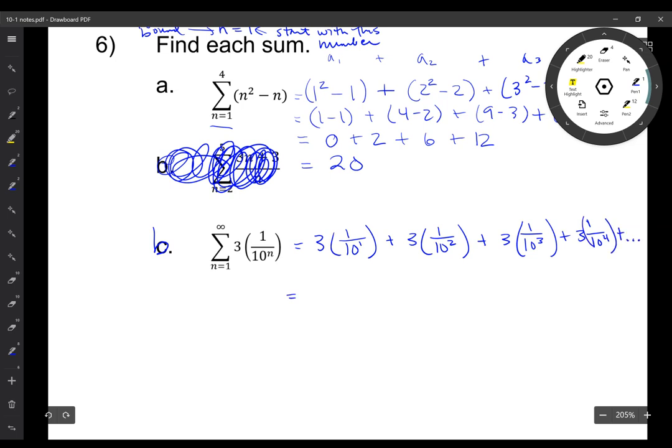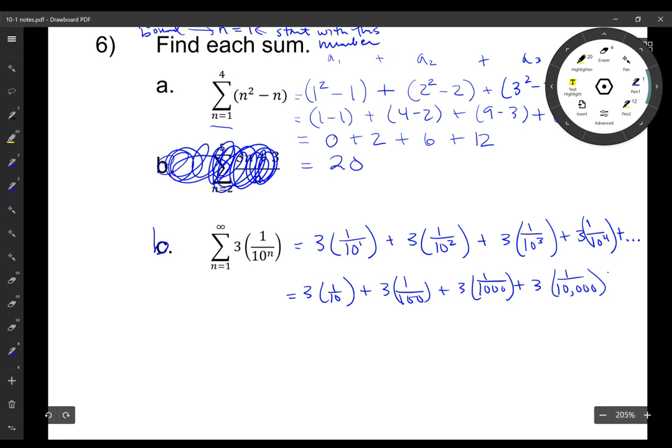Okay, so this is 3 times 1/10. The next one would be 3 times 1/100. And the next one would be 3 times 1/1,000, or 1,000th, sorry about that. And then 3 times 1 over 10,000, or 10,000th.